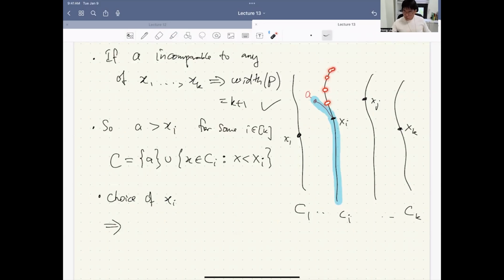In other words, if you remove this blue chain, the remaining has anti-chain size at most k minus 1.